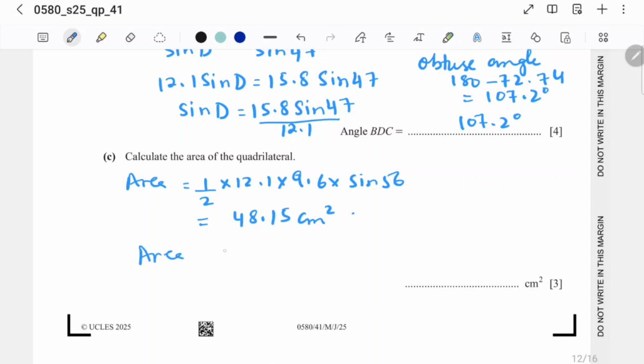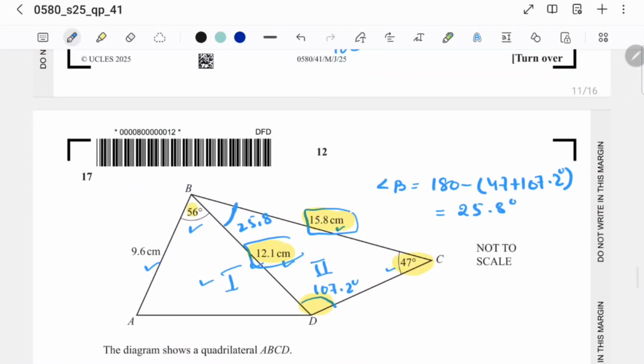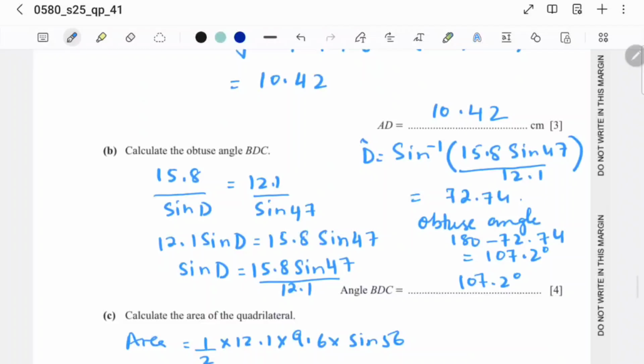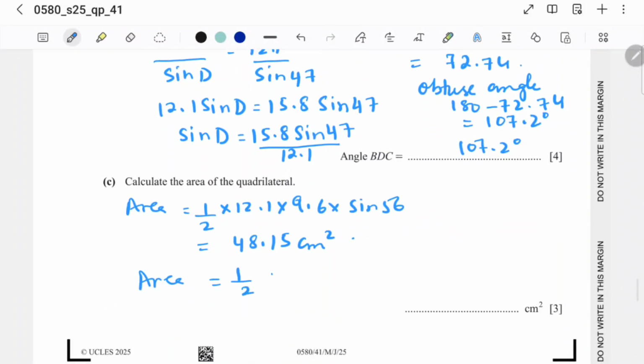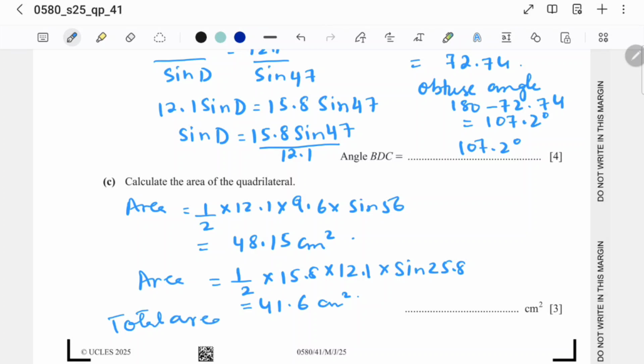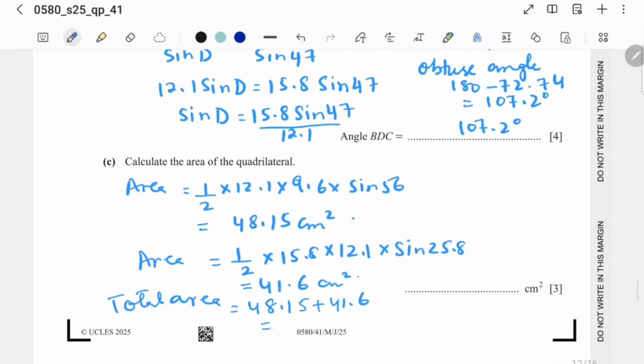Calculate the area of the second triangle. In the second triangle, you take 15.8, 12.1 and 25.8 will be the angle. So half of 15.8, 12.1 and sine of 25.8. That is coming 41.6. So the total area of the quadrilateral, add the two values 48.15 and 41.6, that is 89.75.